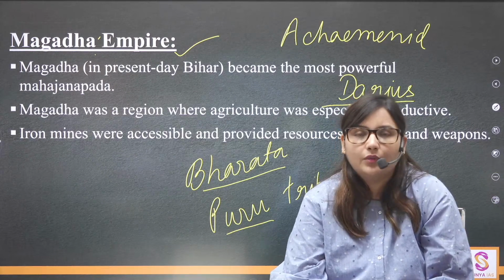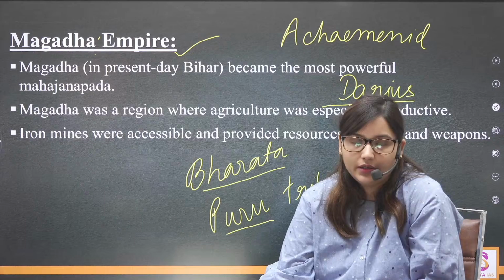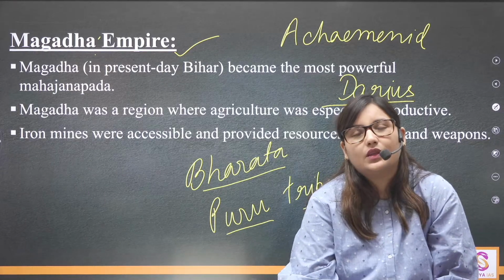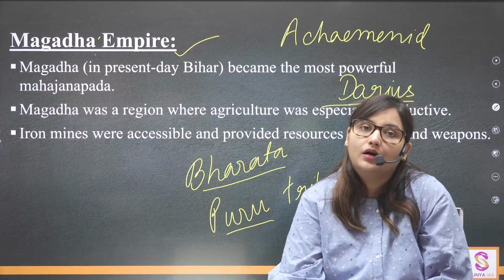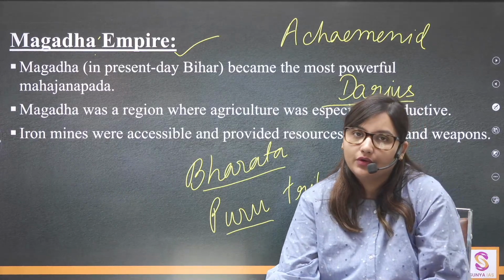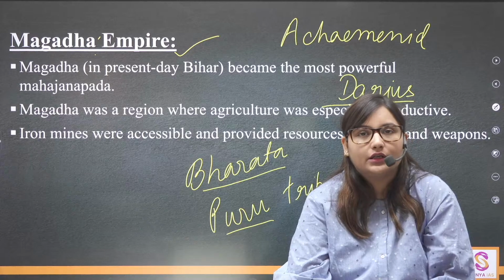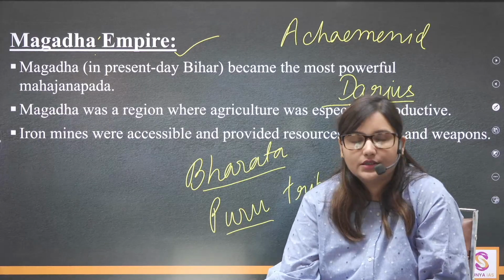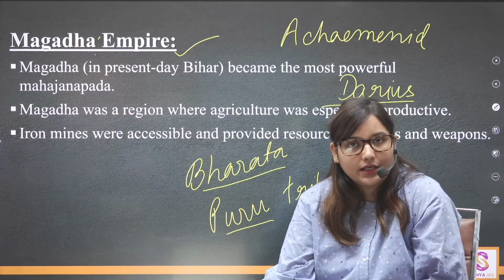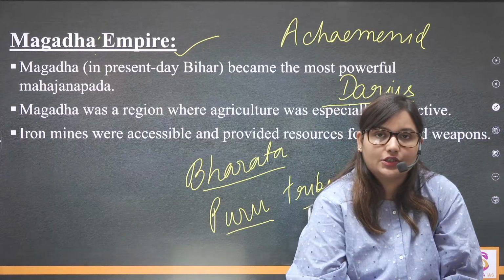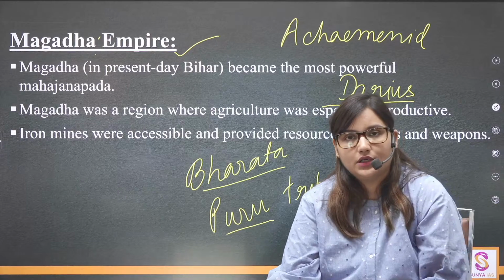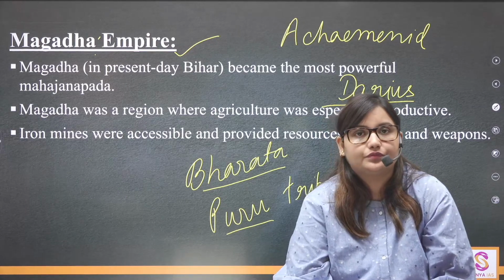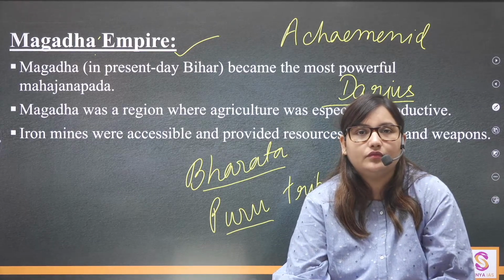I hope you know why Ayodhya is important, because of Ram Janmabhoomi. I'll repeat the point. The Saryu River divided the Koshal state into two parts, and the northern part's capital was Shravasti, and the southern part's capital was Ayodhya.